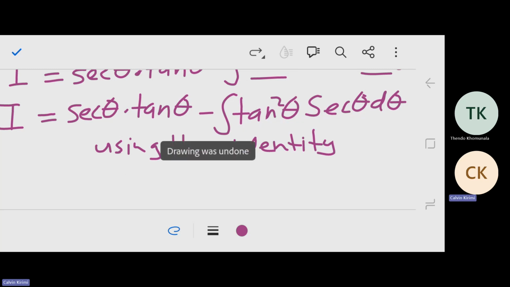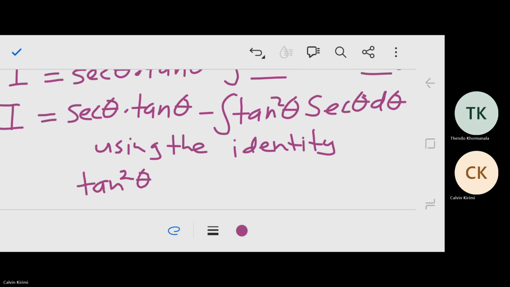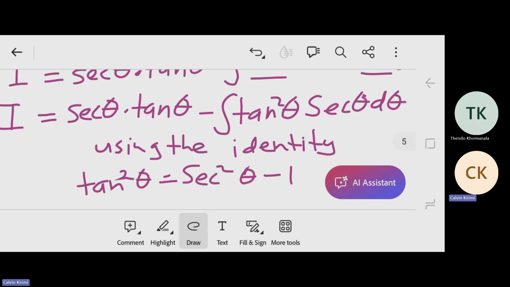The identity of tan tells us that tan squared theta is equal to secant squared theta minus 1. So that is the identity for tan. That is what we are going to use there.